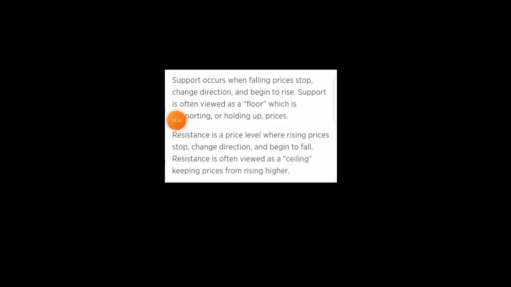So as I was preparing this lesson, I found this very simple definition for support and resistance, which I would like to share with you even before we start. I got this from forex.com. So on their site, this is what I got for support.